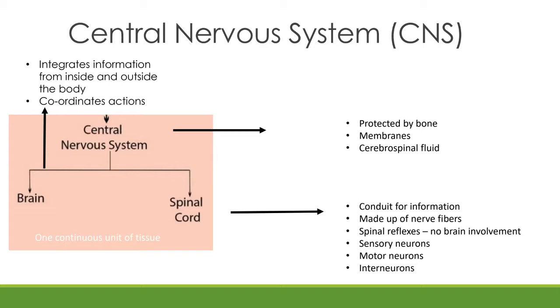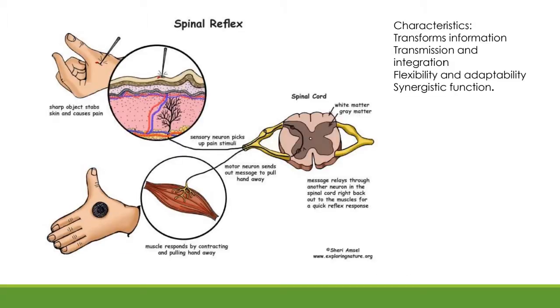It's made up of sensory neurons going up to the brain and motor neurons coming down from the brain, as well as some interneurons in between. So the spinal cord is that channel for information. Both of those systems, our spinal cord and our brain, are very protected. They're protected by bone, by membranes, and by cerebrospinal fluid. They are important pieces of our anatomy, and our body protects them well.